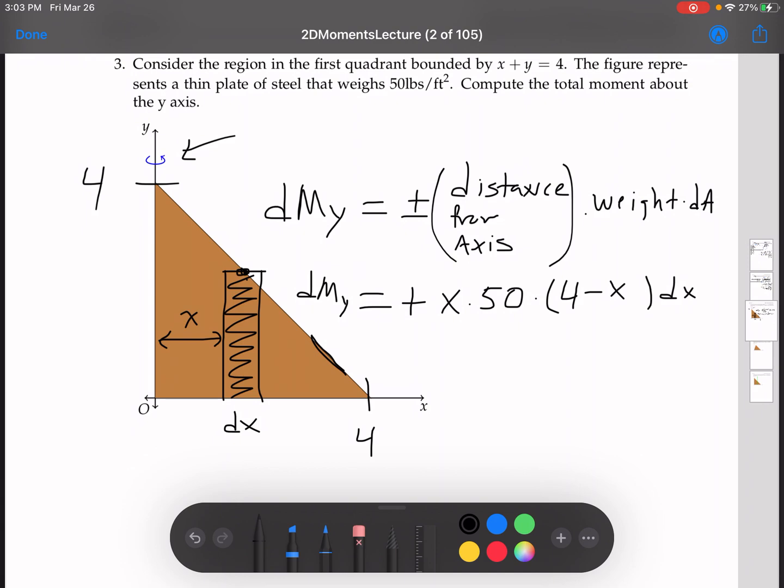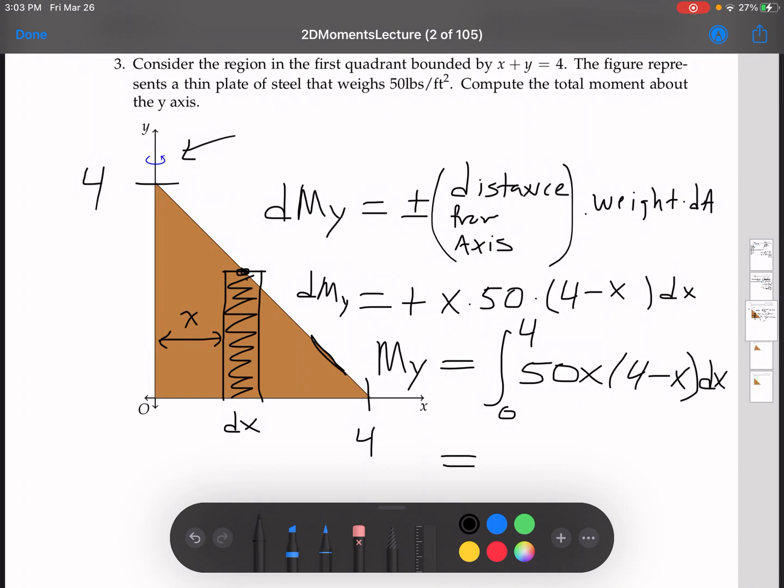And now My is going to be our integral from 0 to 4 of dMy, which we see from above is 50x(4 minus x) dx.